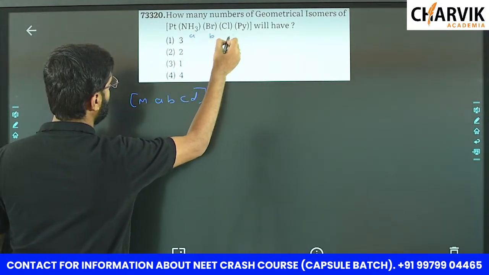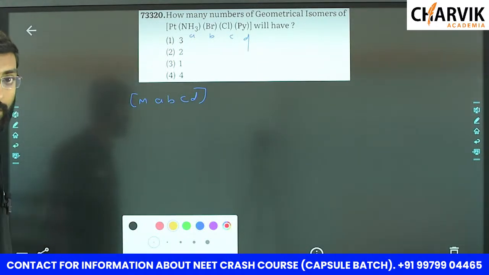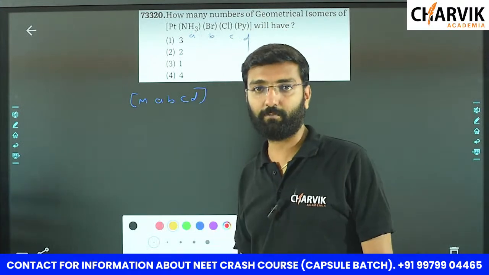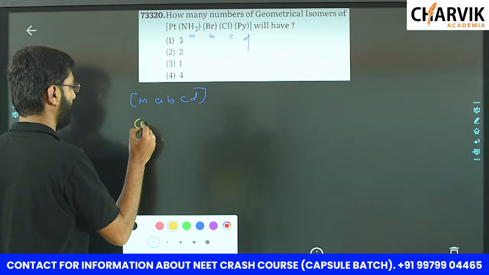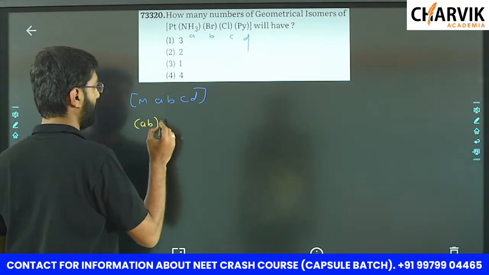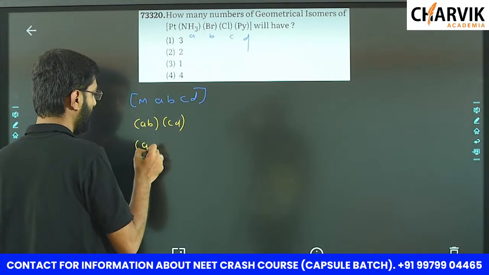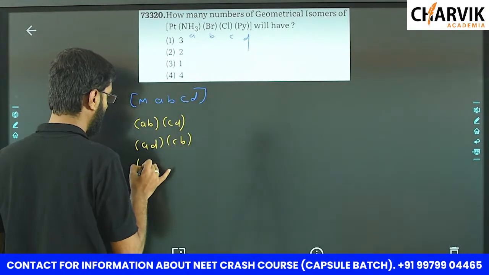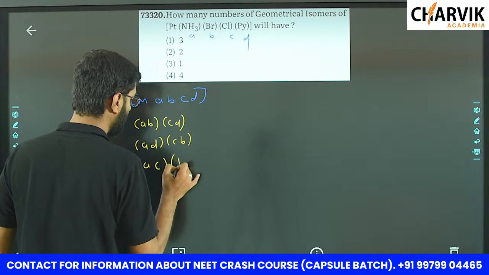Now, the trick to decide the total number of geometrical isomers: make brackets ABCD, ADCB and ACBD.